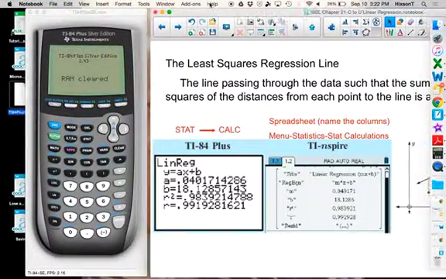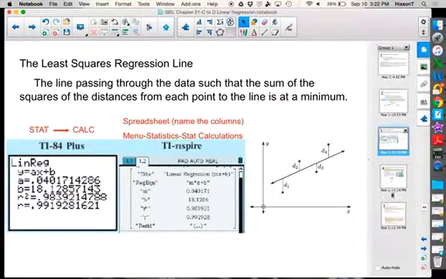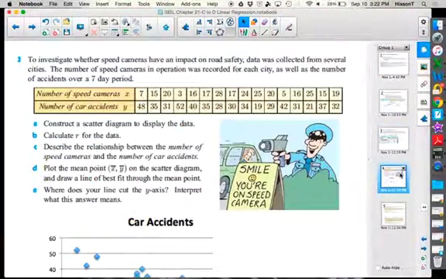Okay, we're going to put some data in here where a city, or numerous cities, were considering the effect of having speed cameras in operation on the number of car accidents.